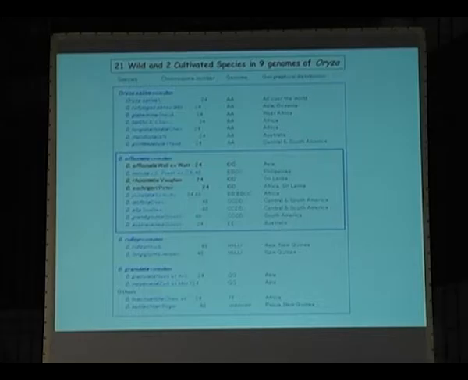In these officinalis complexes, there are 3 diploid CC genome species: Oryza officinalis, rhizomatis, and eichingeri.